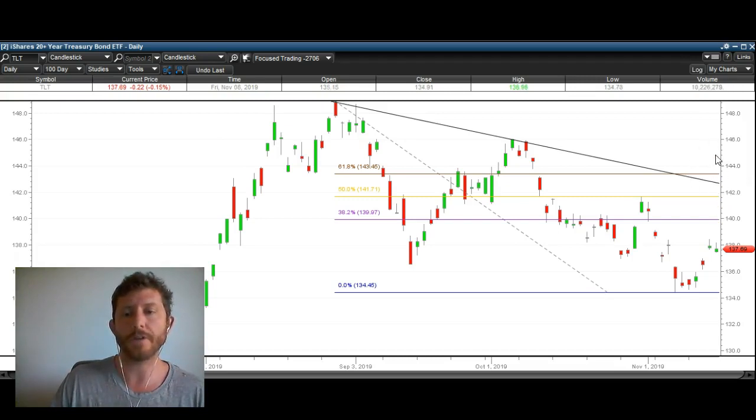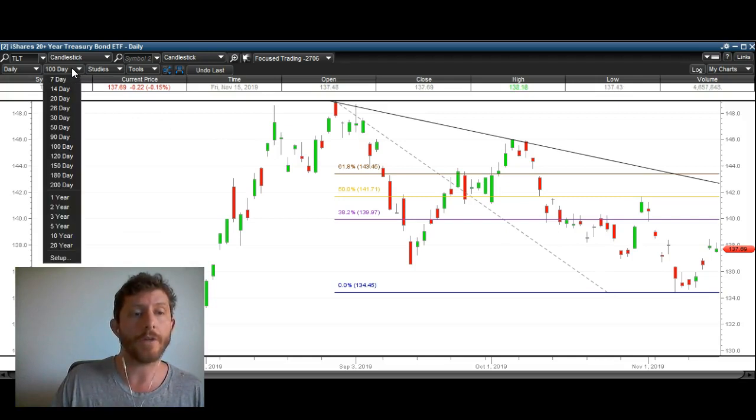But just to keep the risk tight, closing over 144 would be the risk. I think a minimum target is shorting around 142 to 143, and then targeting these lows near about 135 for that first target. And ultimately, I do think it heads even lower than that.